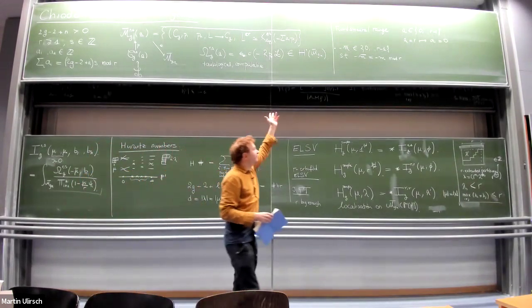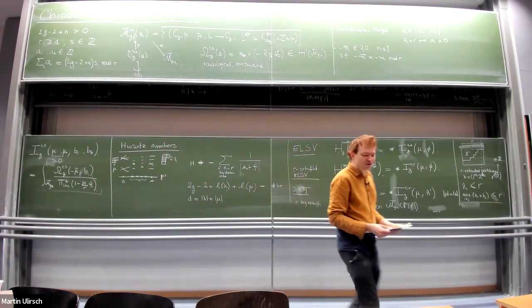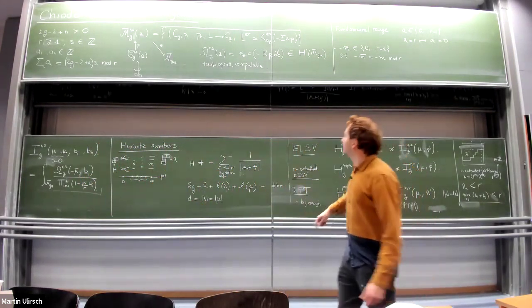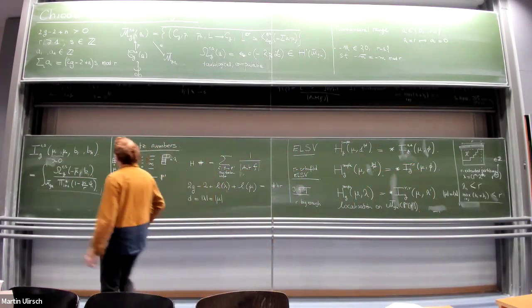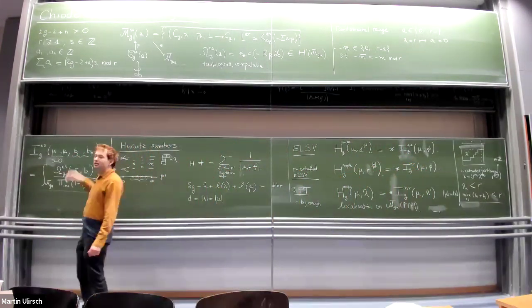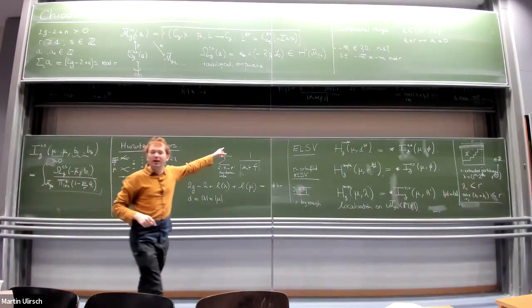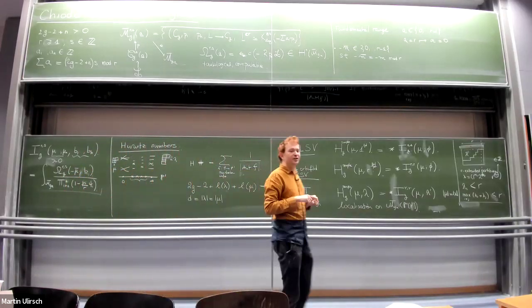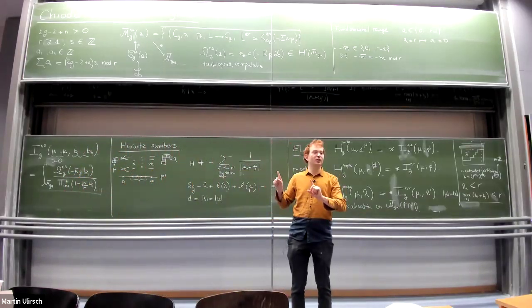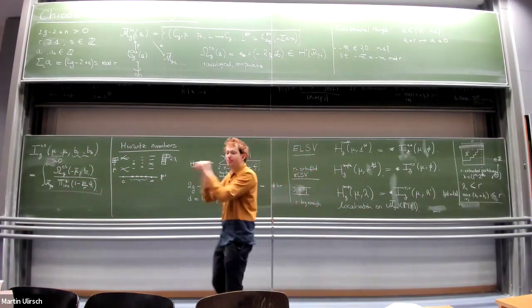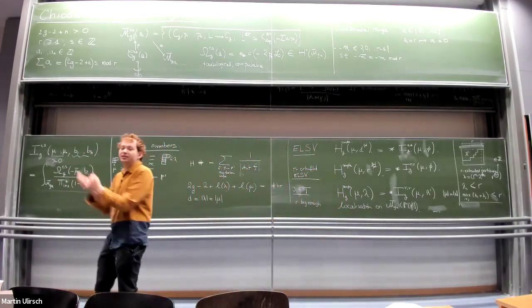Maybe another thing I can say is one way to interpret this relation: if you have indices here which are too big, this relation is going to give you a way to express in terms of I's with lower insertions until you get to something which is bounded insertions, and then actually it's 0.